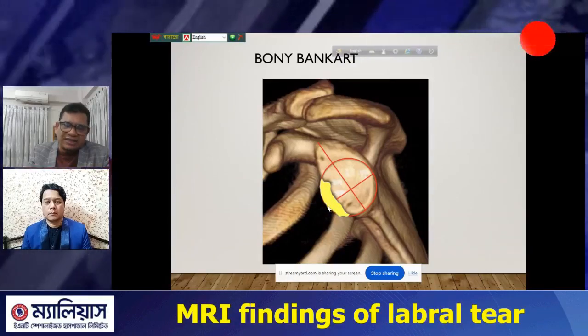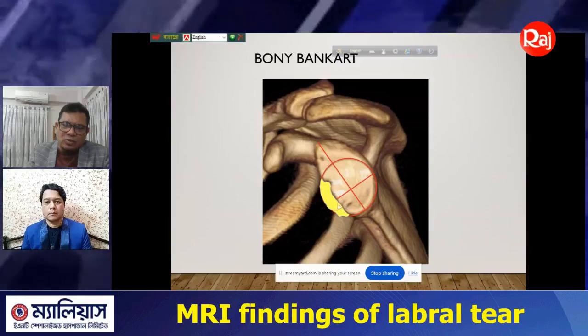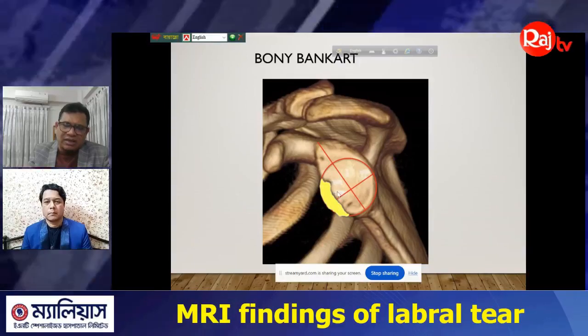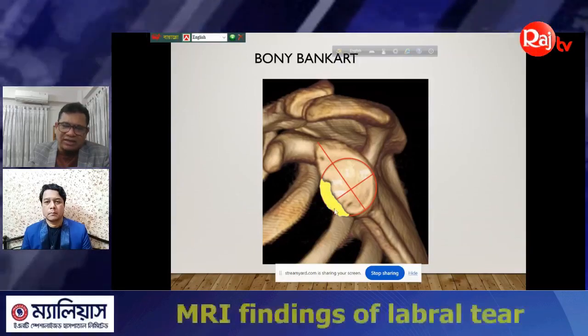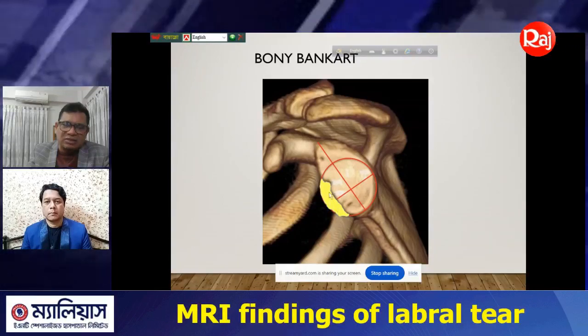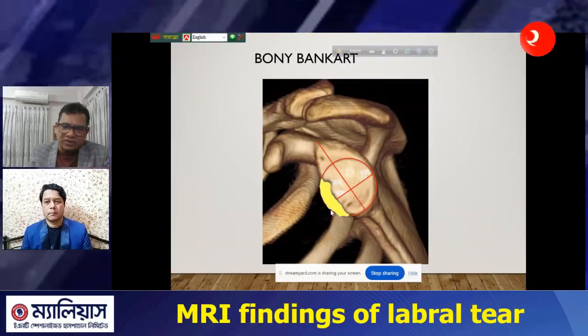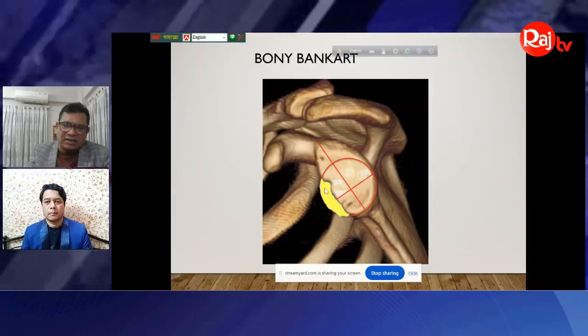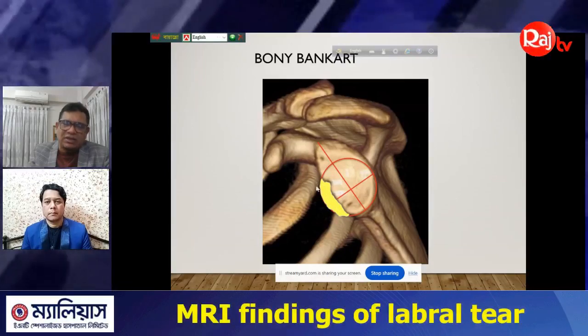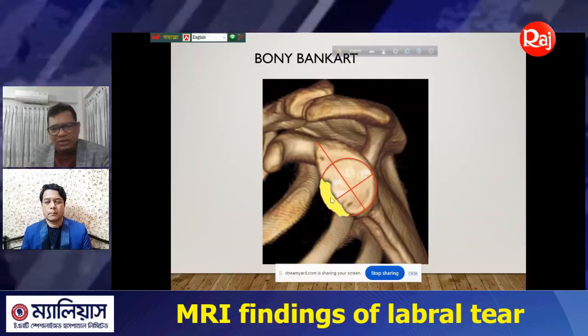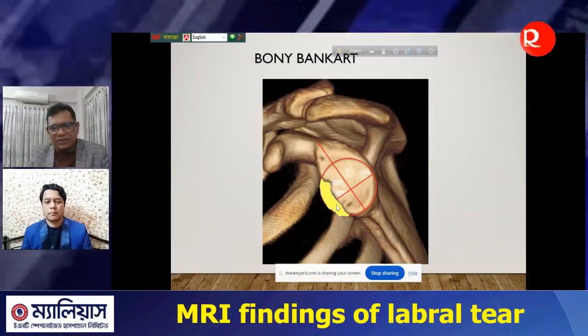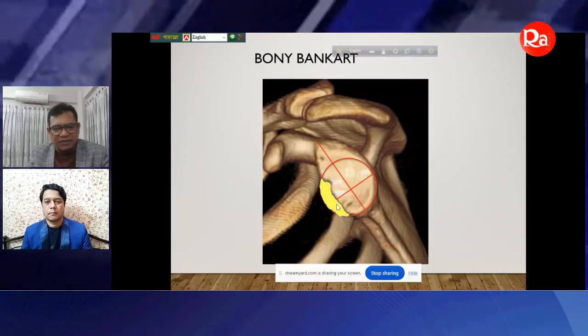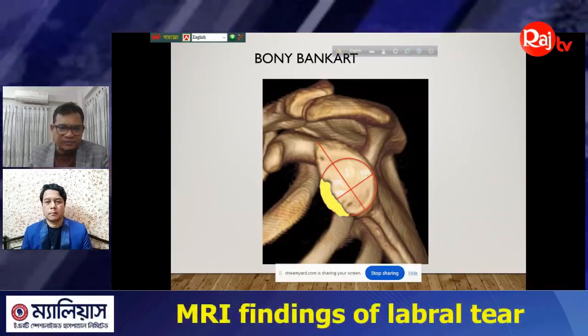Usually when there is less than 20% bone loss of the anterior glenoid rim, in this situation we go for a soft tissue procedure. When there is more than 20% anterior glenoid bone loss, then we go for a bone block procedure like the Latarjet procedure for operative treatment.